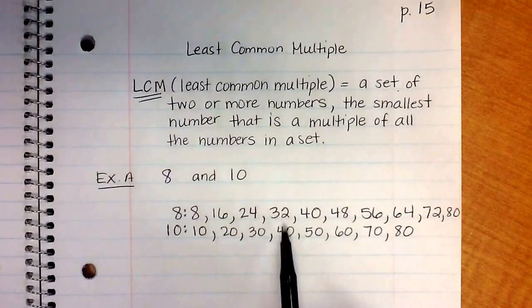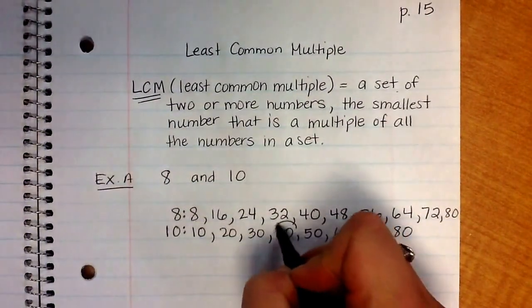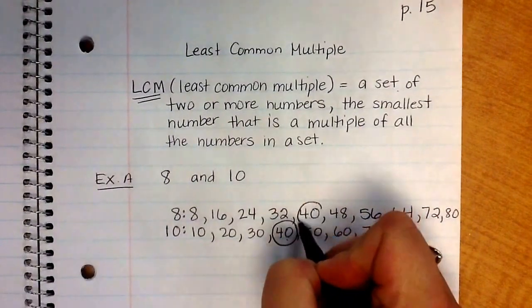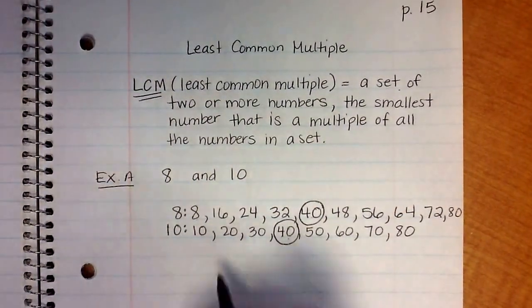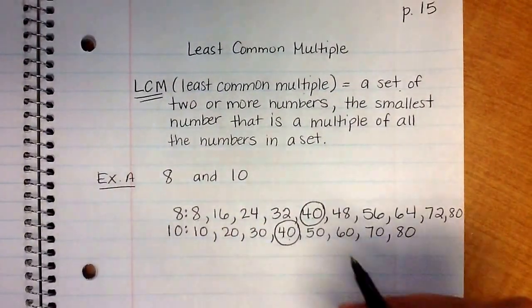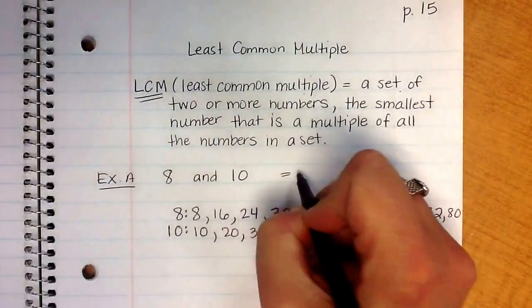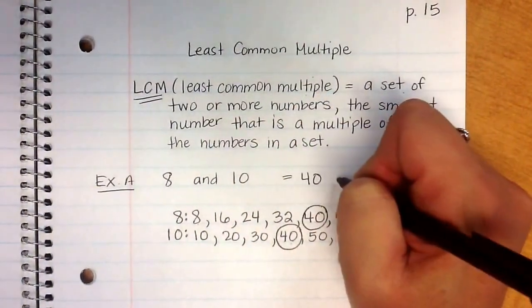No 32 matching. We have a 40 and we have another 40. So these two match. They are in common with each other. So the least common multiple of 8 and 10 would be 40. Least common multiple.